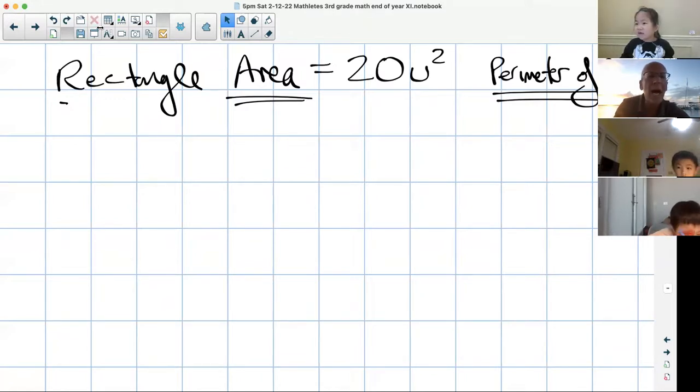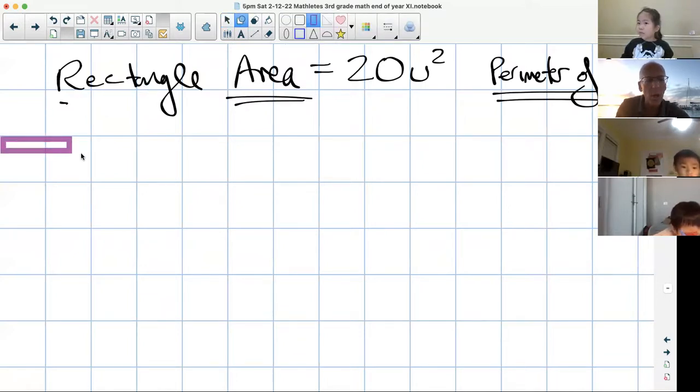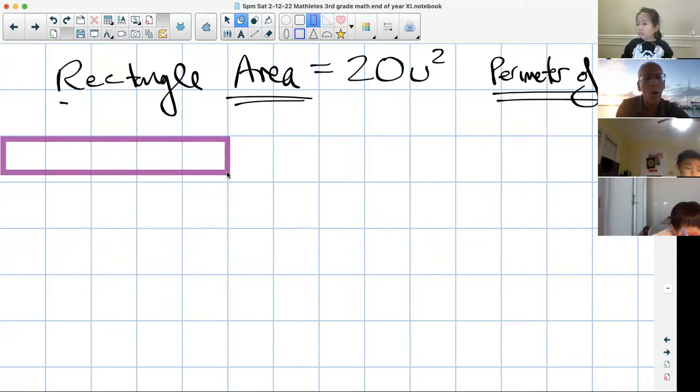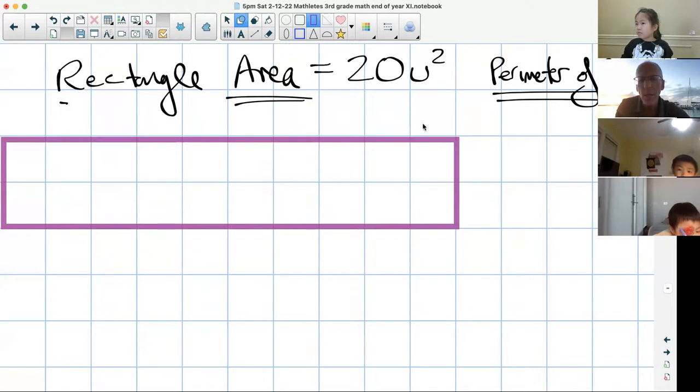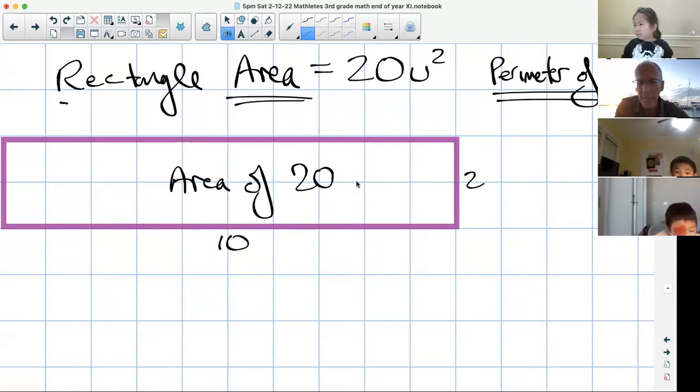Right. So guys, everybody look at this. A rectangle that is 2 by 10 has an area of 20 square units.